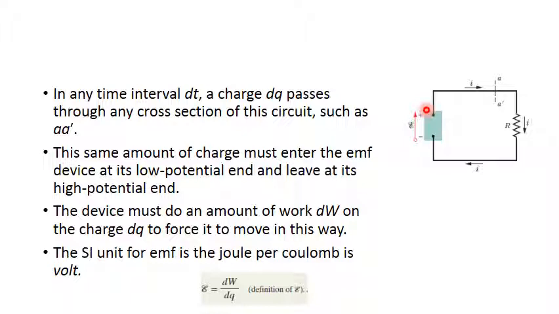Now, if you look at the potential at the EMF, the EMF is E, and the charge passed through it is delta Q. So in this case, delta Q multiplied by the electric potential represents the work done on this delta Q charge. Or in other words, the EMF is delta W, the incremental work done, over delta Q, the incremental charge.